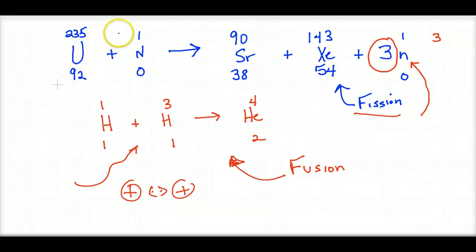So you know that this side has to equal 236, and this has to be 92. To get 236 on this side, 143 plus 90 is 233, right? So you need 3 more. So you have to be careful when you're writing a nuclear equation and you've got 3 of these things here. Don't forget that that means you're going to have a total of 3. I've had people miss that.